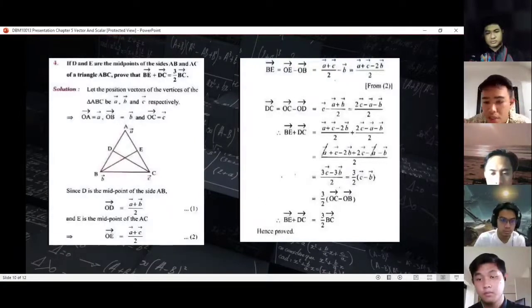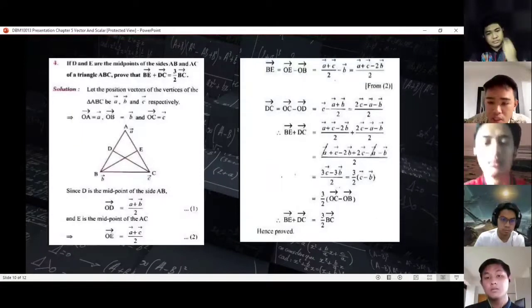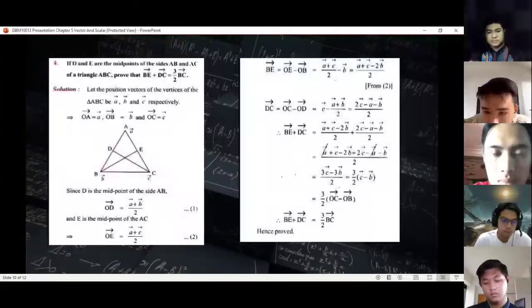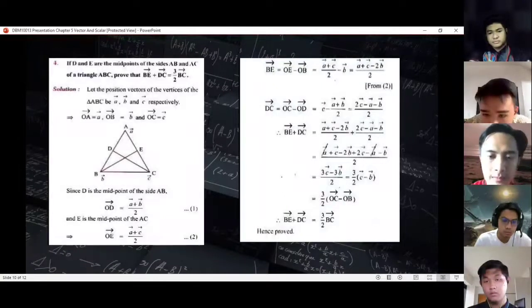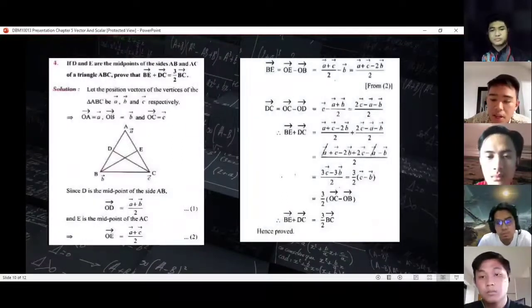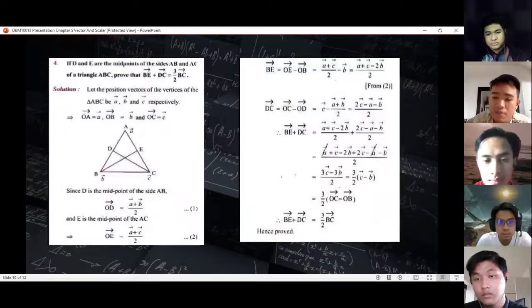And the answer: BE plus DC equals (A plus C minus 2B) over 2 plus (2C minus A minus B) over 2, which equals (3C minus 3B) over 2, equal to 3 over 2 times (C minus B).